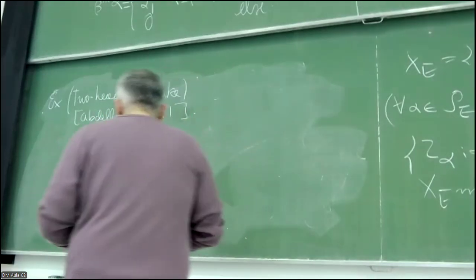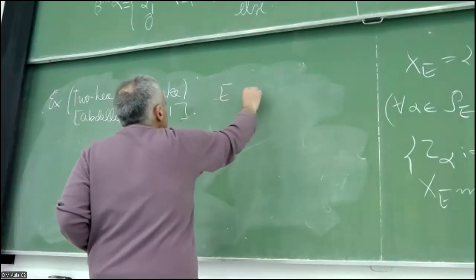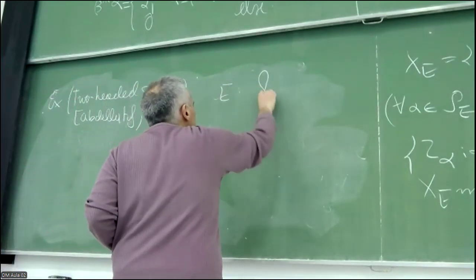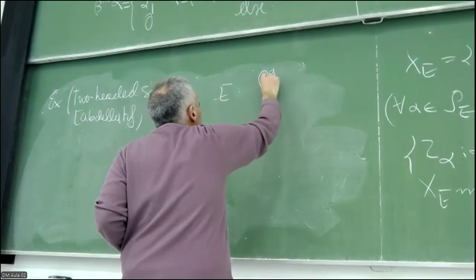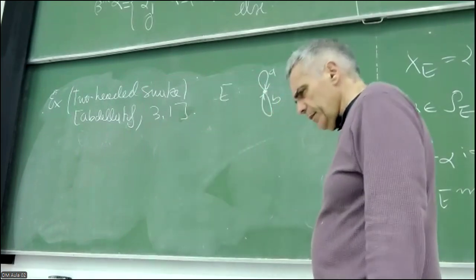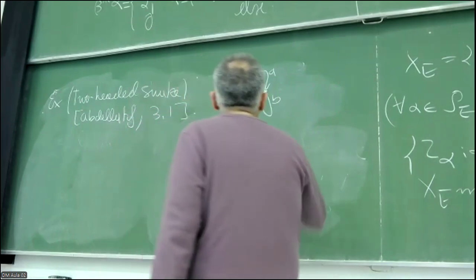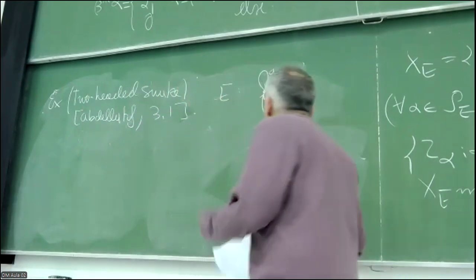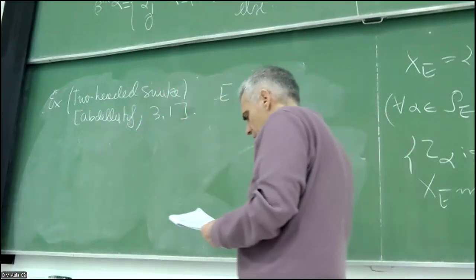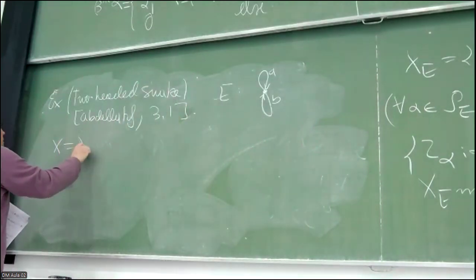So consider this graph. It's a graph with only one vertex and two loops, two edges. And let X be X_E.